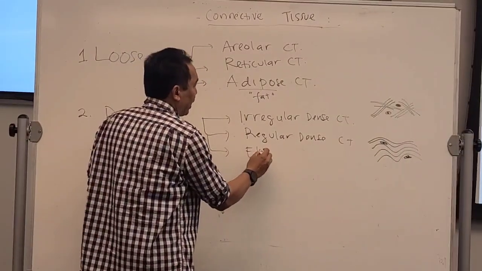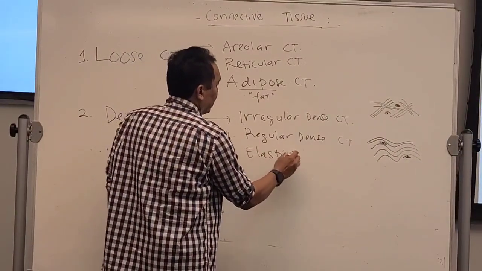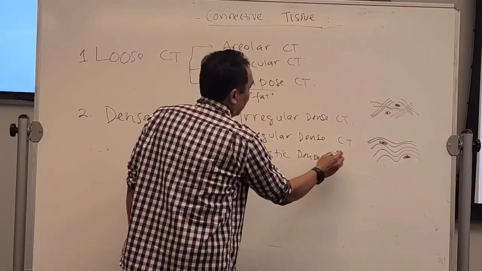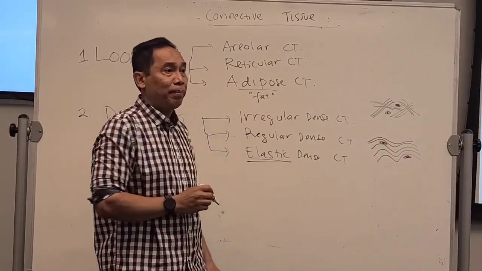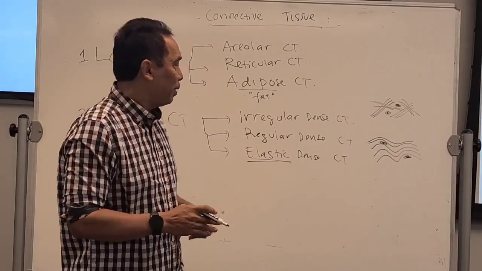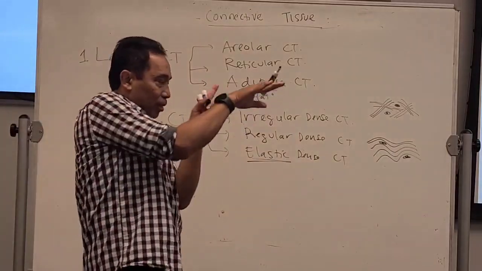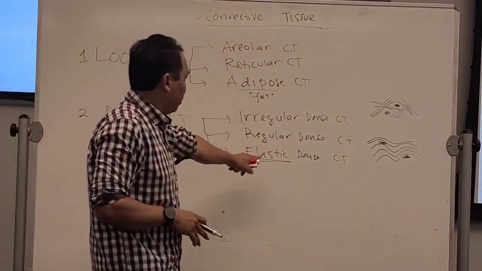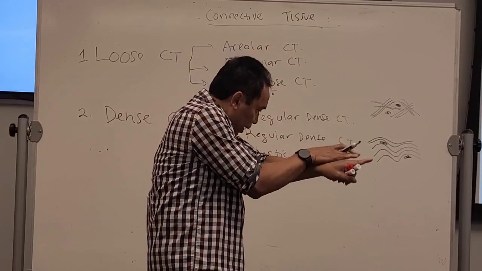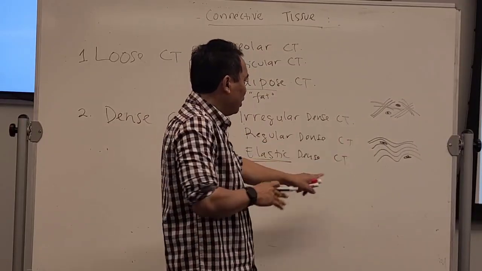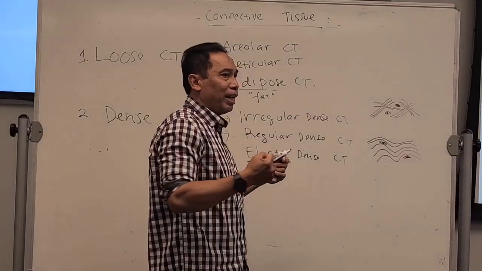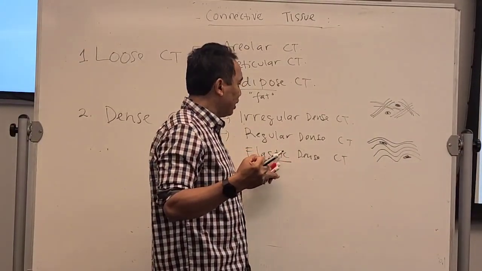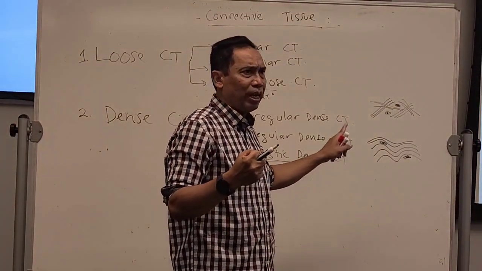And the last one is elastic dense connective tissue. The name is telling you it has a lot of elastic fibers. And those elastic fibers make this dense together, close to one another, and cause the organs to be very elastic. An example of elastic dense connective tissue is our aorta.